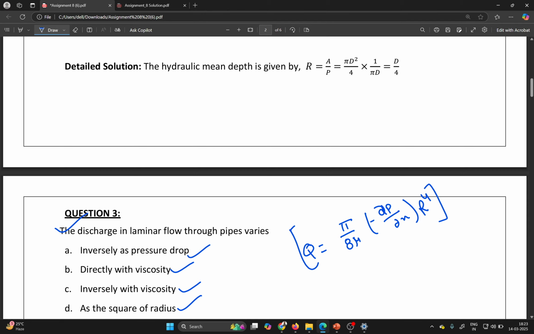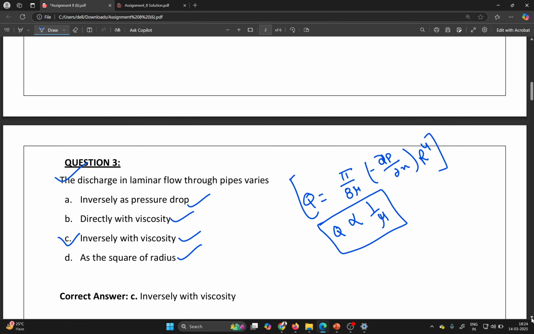So this is the formula. Here Q is inversely proportional to viscosity, and not as the square of radius, but the 4th power. If you compare Q with dynamic viscosity mu, it gives option C. Option C is correct, inversely with viscosity.